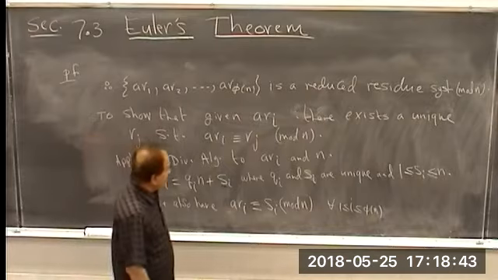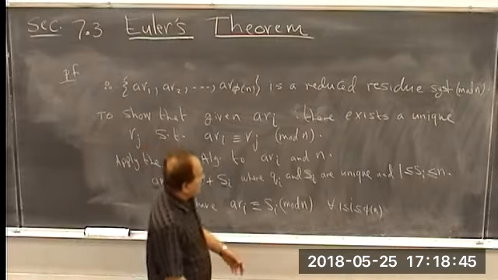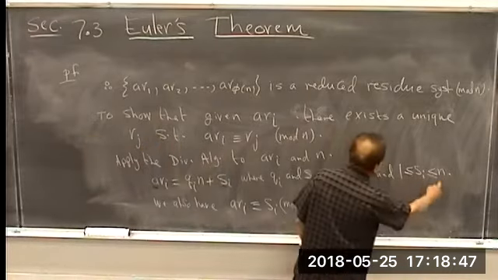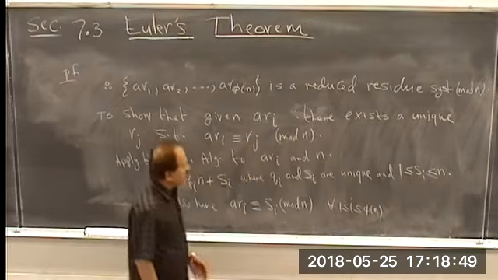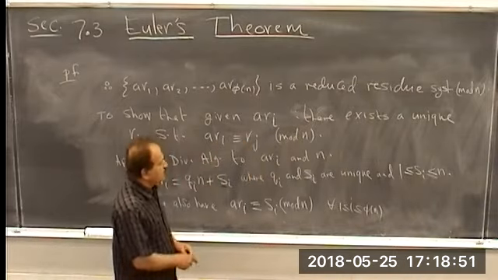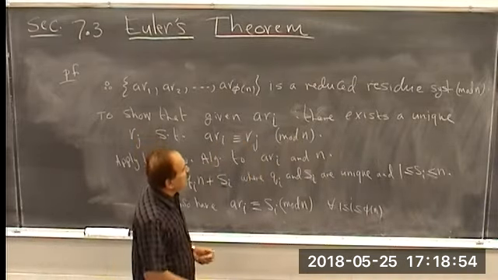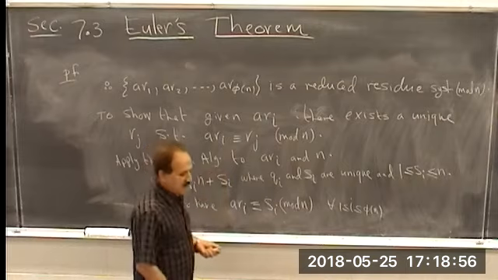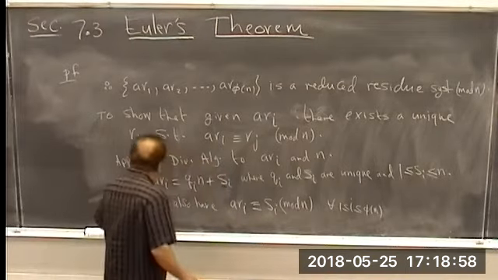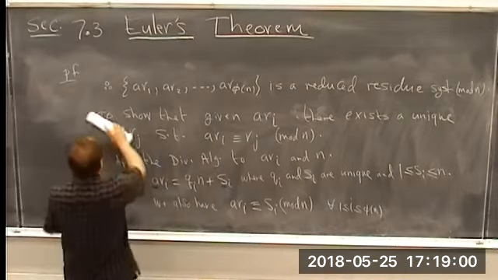Now we also have the SIs are between 1 and n. And now we're going to see that they are relatively prime to n, so they must be congruent to one of the RIs. Now let's see that.